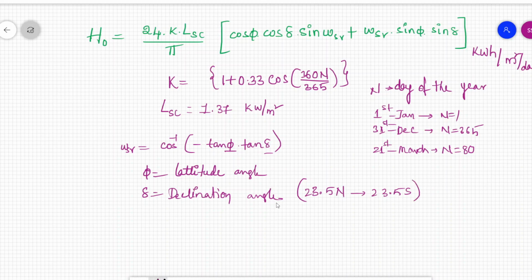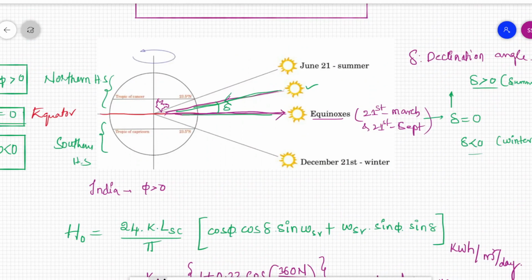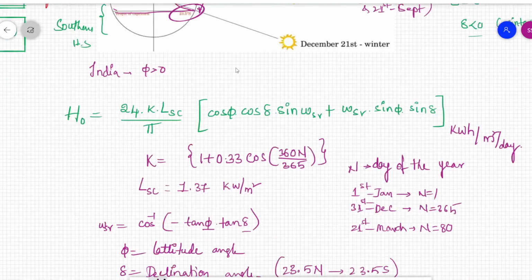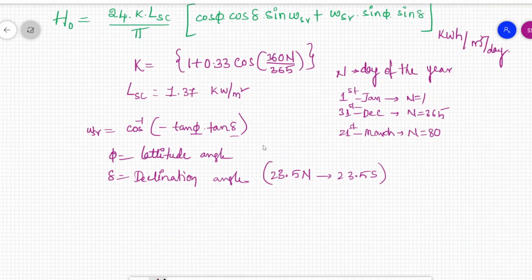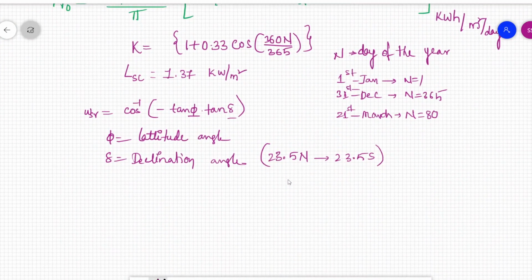So this is the Tropic of Cancer line. The solar insolation will be in between these two values of declination angle, 23.5 degrees north and 23.5 degrees south only, because the tilt of earth is 23.5 degrees only.